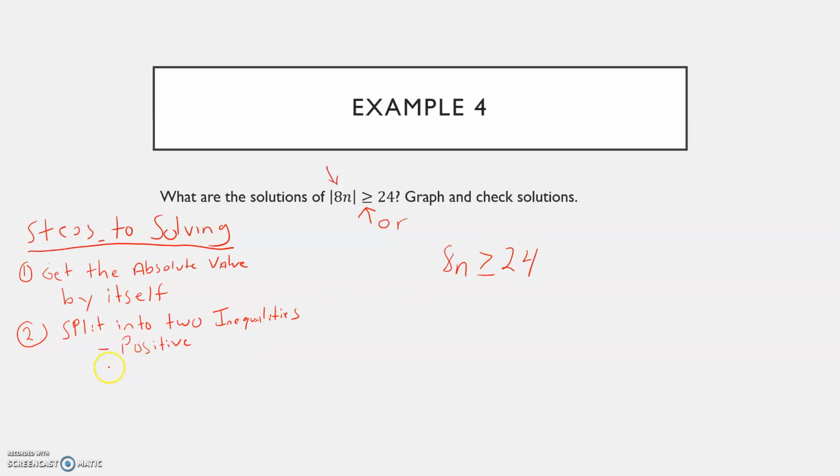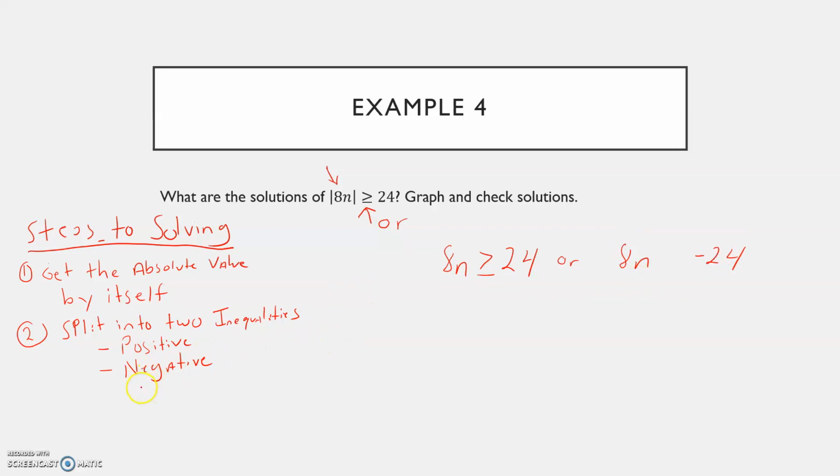And then the other one is going to have a negative solution. And so, or, we have 8n and negative 24.